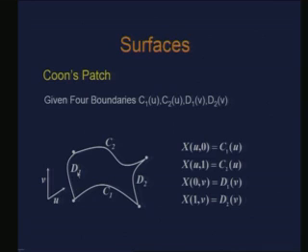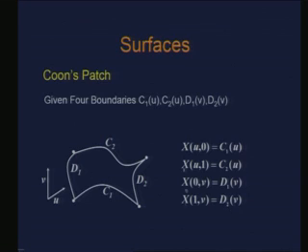Now, let us say I have four boundary curves, C1, C2 and D1, D2. So, in other words, I have the boundary curve corresponding to v equal to 0 as C1(u), for v equal to 1 as C2(u), for u equal to 0 as D1(v), and u equal to 1 as D2(v).